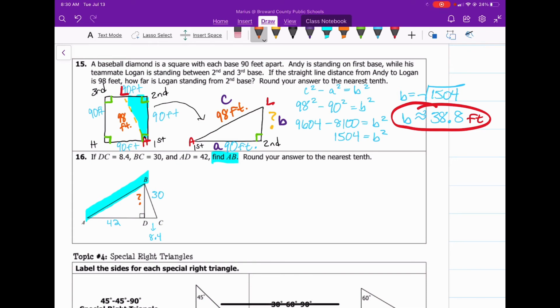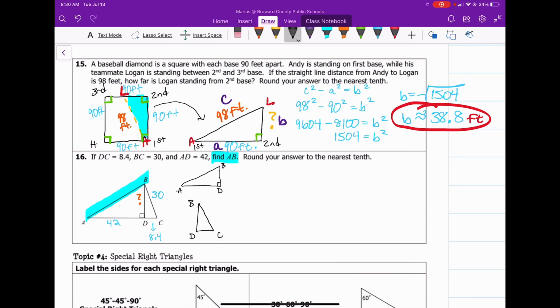So I'm gonna draw these two separately here. This is A, B, D, and then we have B, D, C, okay?